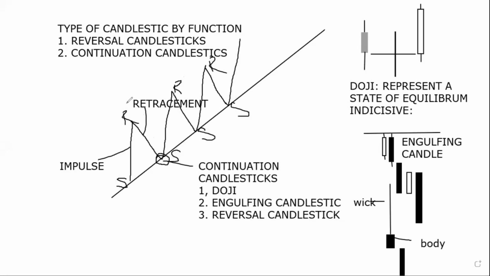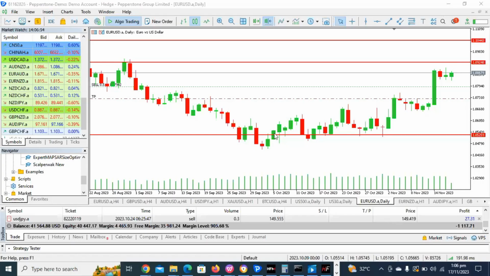So price hits a resistance, pulls back, and then continues to go up again. It hits another resistance, pulls back, and continues to go. That's exactly what we saw here. That's what we're seeing here. Price breaks here, pulls back, up, pulls back, up, pulls back, up.